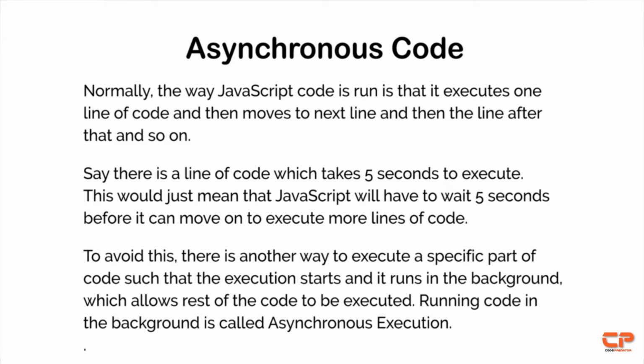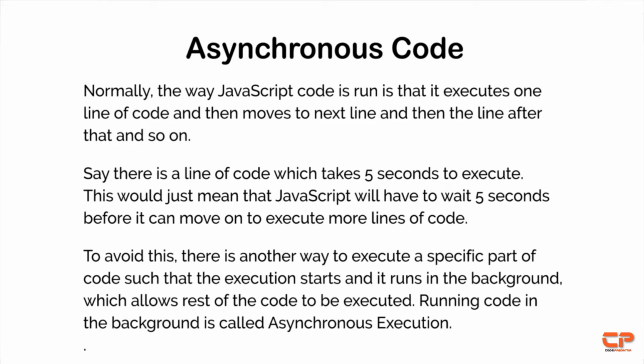To avoid this, there is another way to execute a specific part of code such that the execution starts and runs in the background, which allows the rest of the code to be executed. And once the 5-second task is complete, it lets JavaScript know that it is completed and a function can be called.